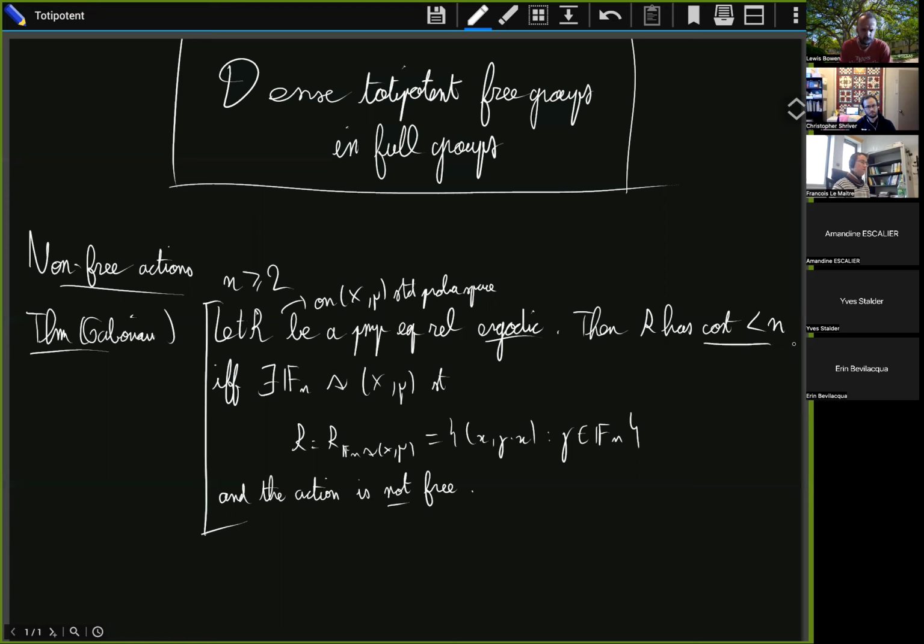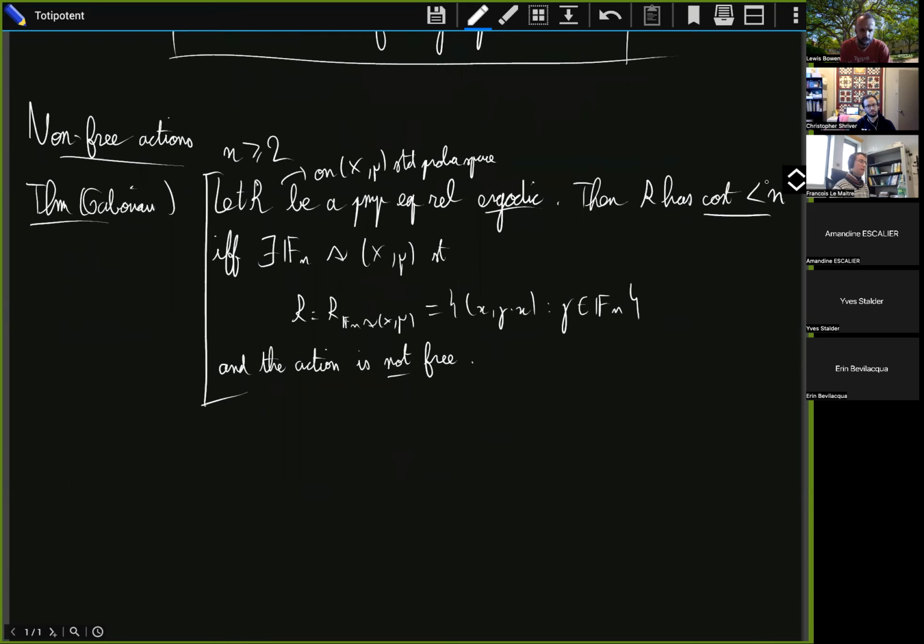I don't want to define cost in this lecture, so if you've never seen it, you can just take it as a definition. Equivalence relations of cost less than n are exactly those which come from non-free actions of the free group on n generators, for ergodic equivalence relations.